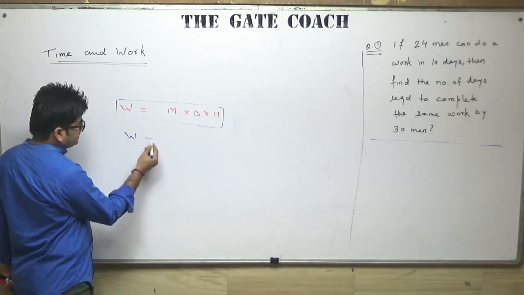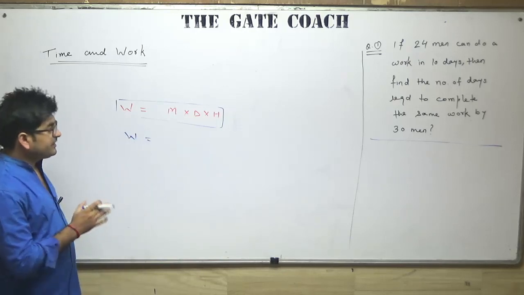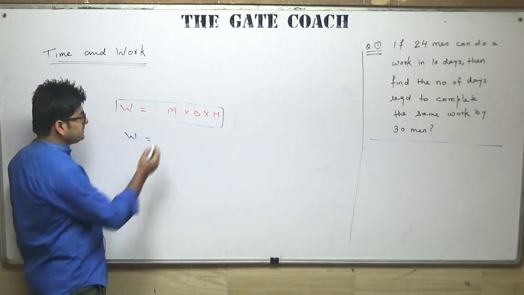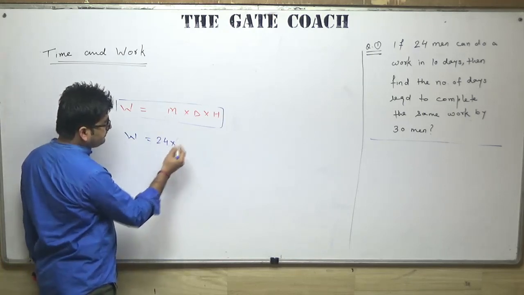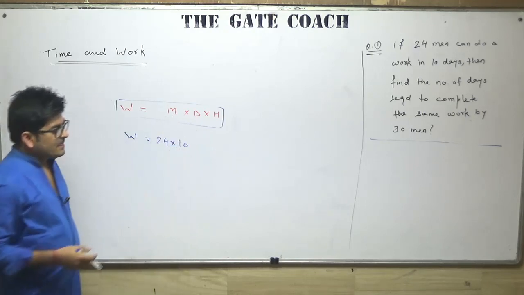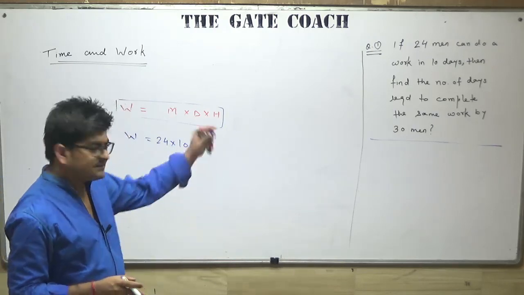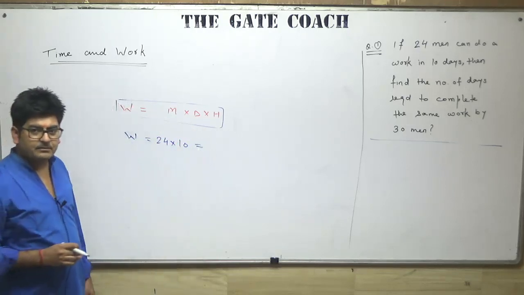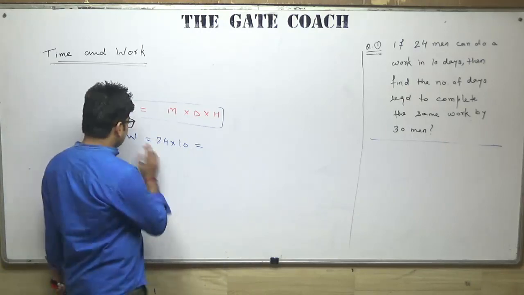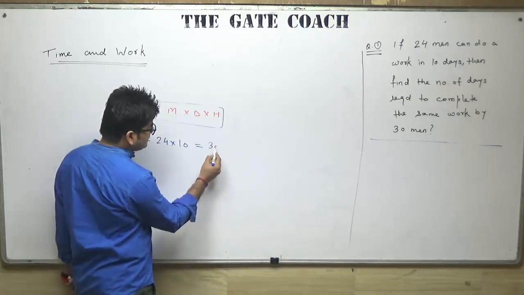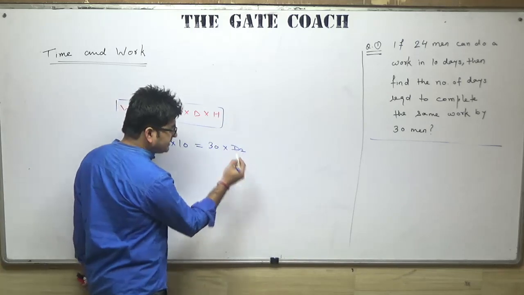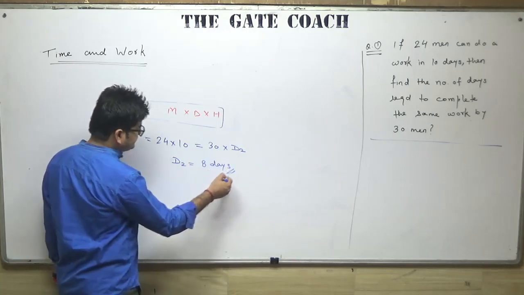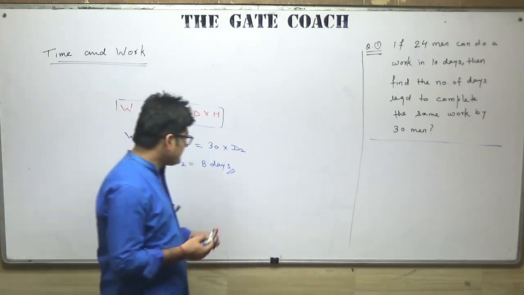If we talk about some work, this work is completed by 24 men in 10 days. So number of people 24, days 10. We will not talk about the hours as it is not given. What will be the time taken by 30 men to complete the same work? So work is same, number of people is now 30, number of days, let's say D2. When you solve this, you will get D2 equal to 8 days. Simple.